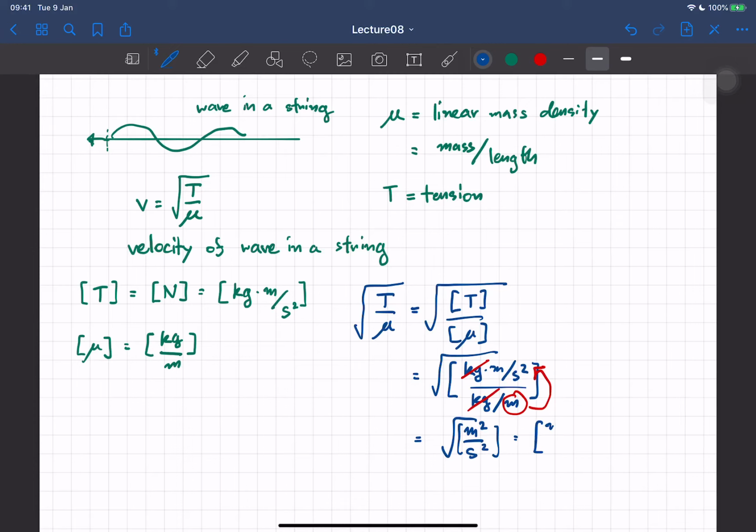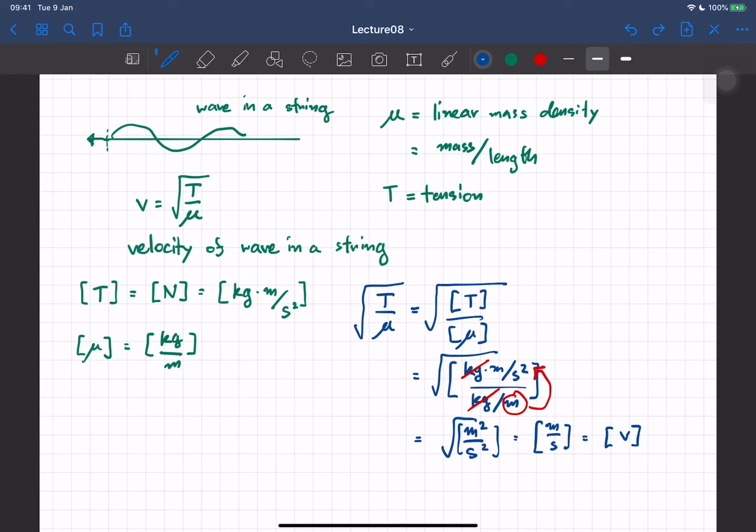So in the end, it's just meter per second. Okay, m is meter, which is the unit of velocity v. So the unit checks out fine. And that should be, because that's the correct expression for the velocity in the string. So if you know tension, if you know mu, then you can calculate the velocity like this.